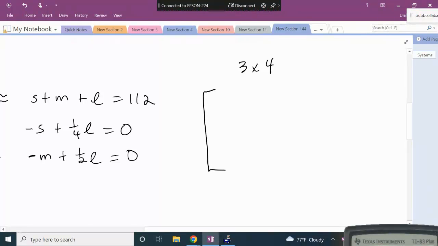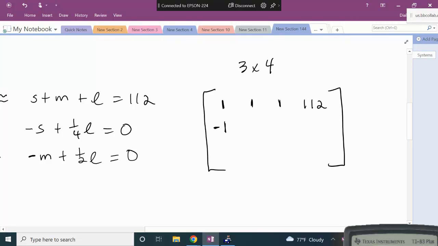All right, so we're going to pull out the coefficients. For that first equation, I should have 1, 1, 1, and 112. For that second equation, we're going to have negative 1.